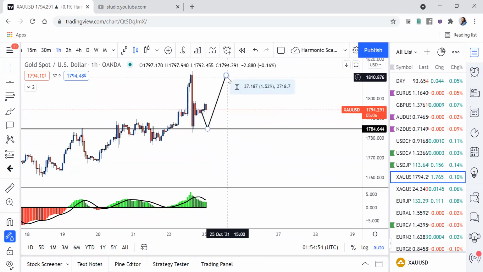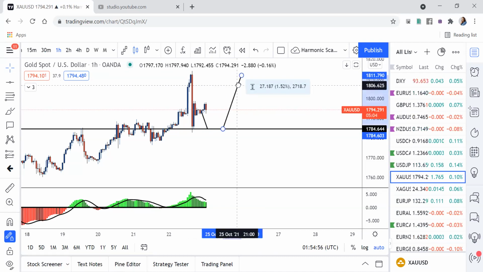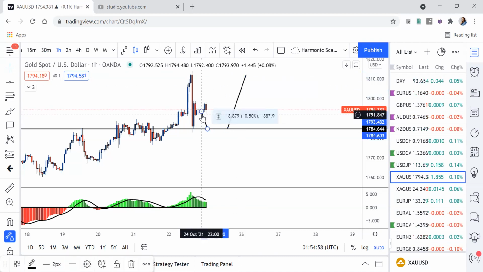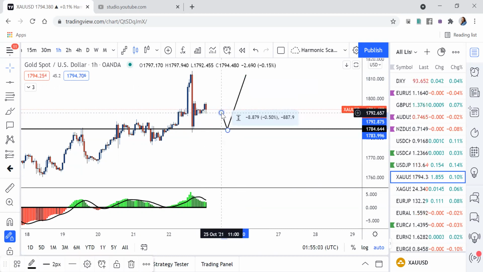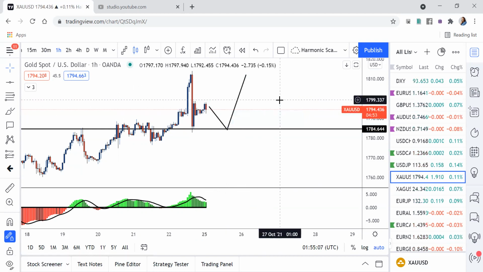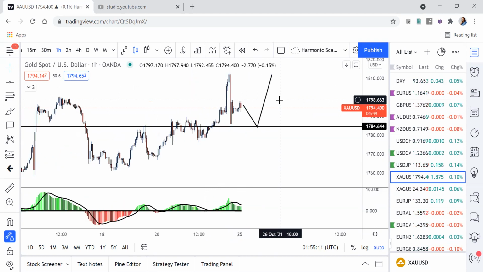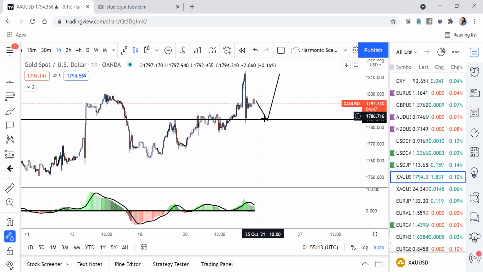But I'm not a big fan of gold right now. But that's my analysis on it. Getting a retest here and then a continuation to the upside.